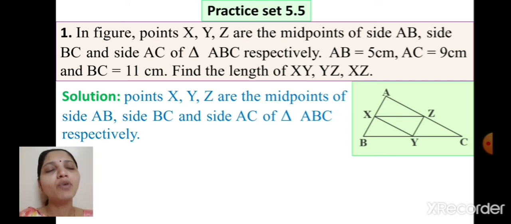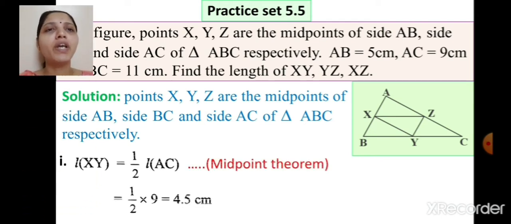Then what can we say? If midpoints are given and the lengths of the sides are given, can we apply the midpoint theorem here? Yes, we can apply. So let's write here. First we have to find the length of XY. So the length of XY is equal to half the length of AC.